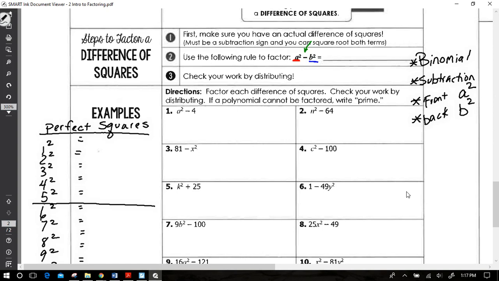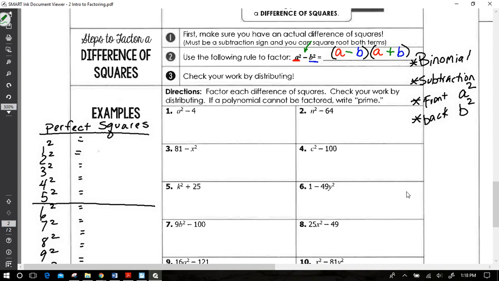So I'm going to break this down into two smaller terms where I will separate the a's out. Each term gets an a. Each term will get a b. And then my signs, one will be negative, one will be positive. Okay? And that is how I will do difference of squares.